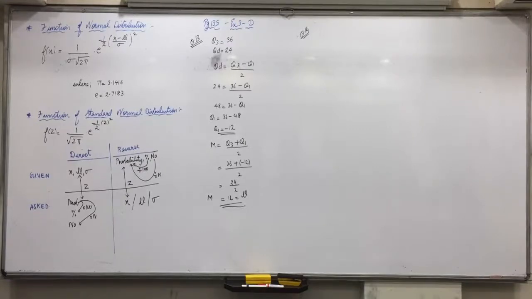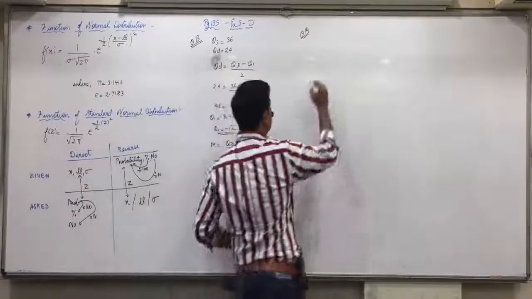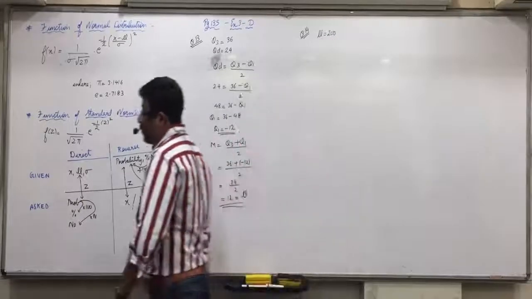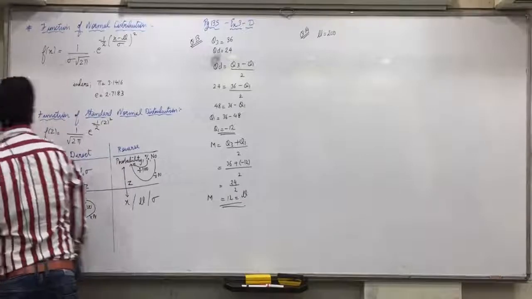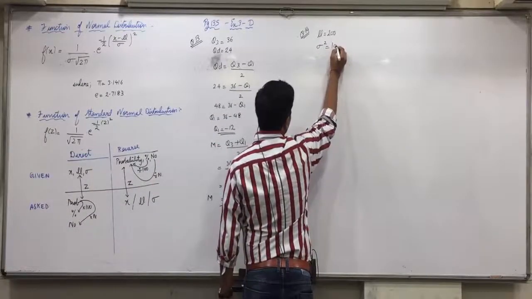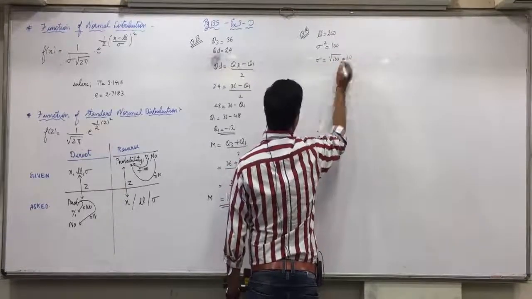A normal variable x has mean 200, write down mu equals 200, and variance 100, means sigma square. So sigma will be square root of 100, that is 10.